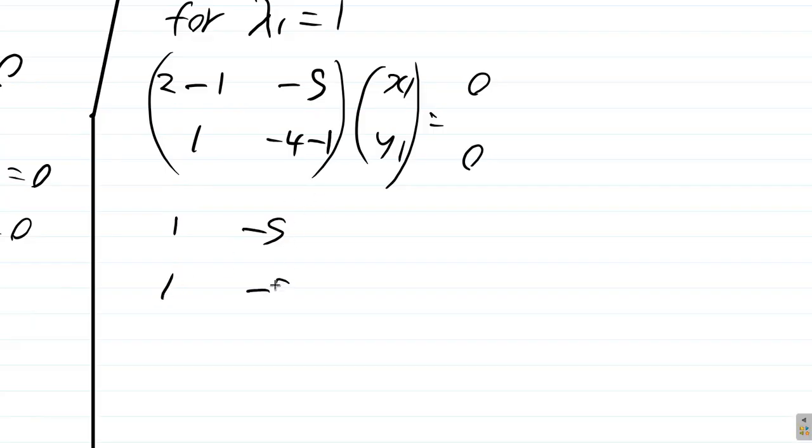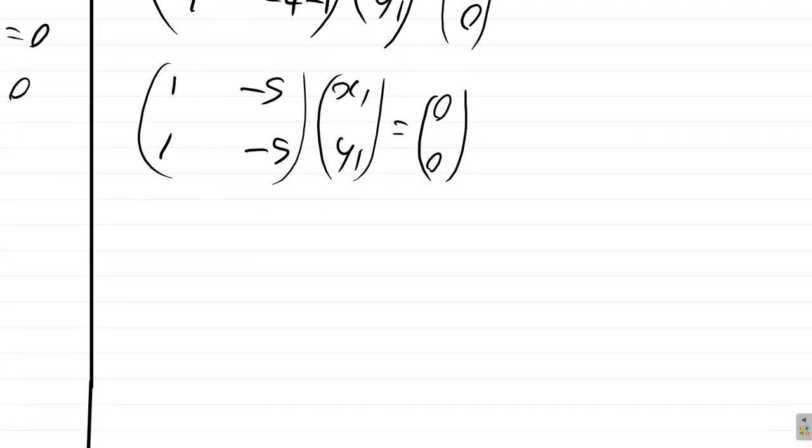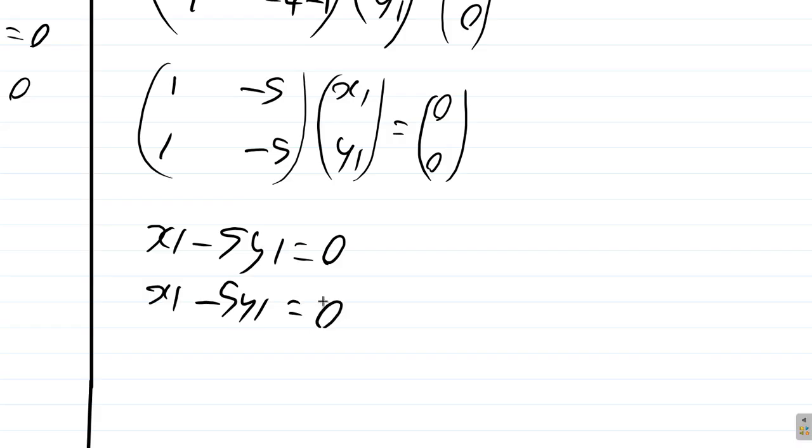Negative 4 minus 1 is negative 5. Times x1, y1. You can call it eigenvector number 1, or the first eigenvector. When you multiply these out, what happens? You get 1 by x1 minus 5 by y1. So 1x1 minus 5y1 equals 0.